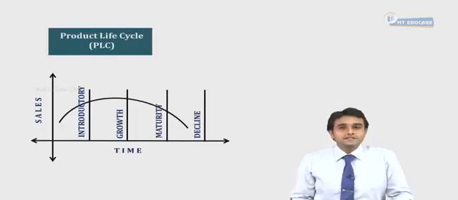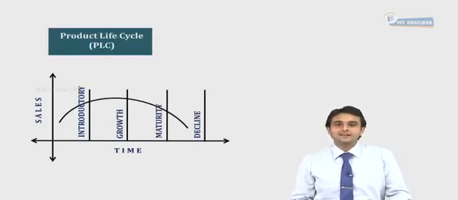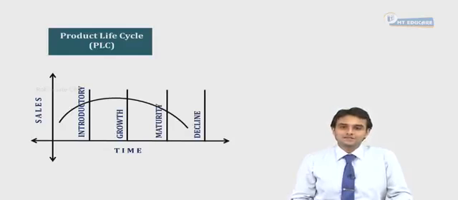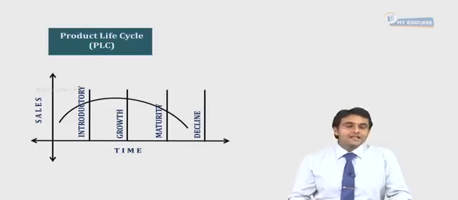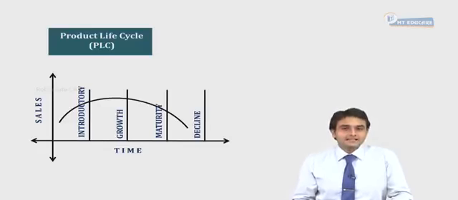Now, one of the simplest methods of doing product portfolio analysis is the product life cycle. This is very similar to the human life cycle, wherein a person takes birth and a person dies. When the product is launched, that is actually the birth of the product. If we take a look at the product life cycle, the x-axis represents the time, that is when the product was launched, and the y-axis represents the sales.